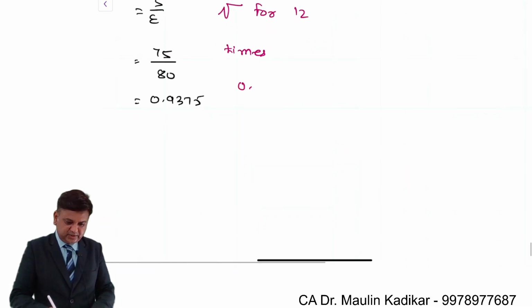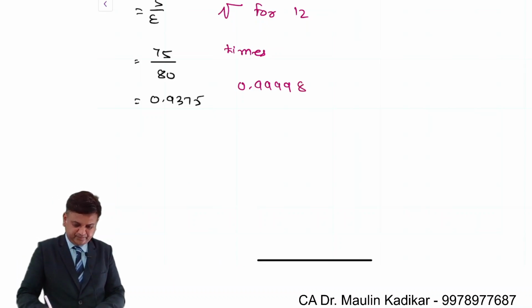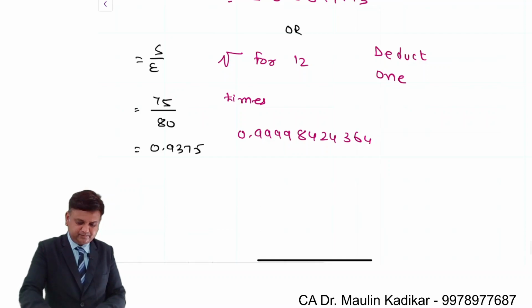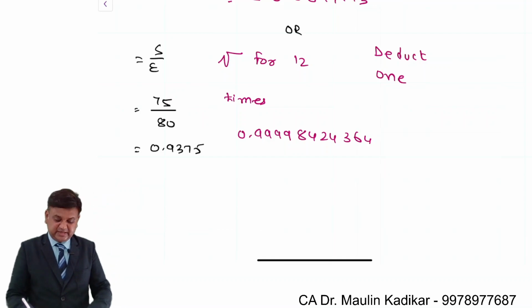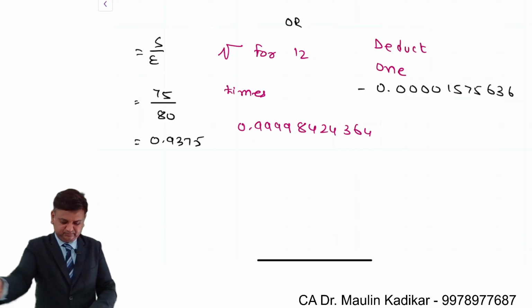So the answer is 0.98424364. Then deduct 1. So the answer comes to 0.01575636.